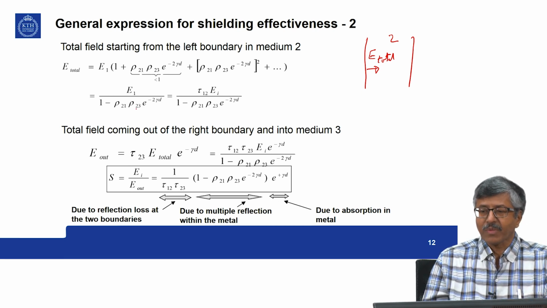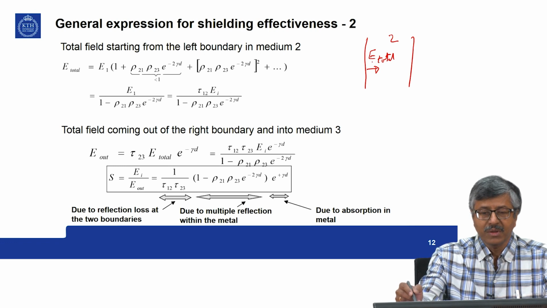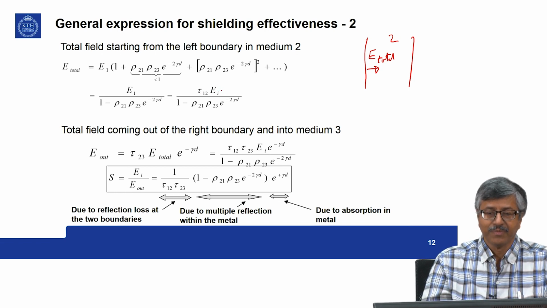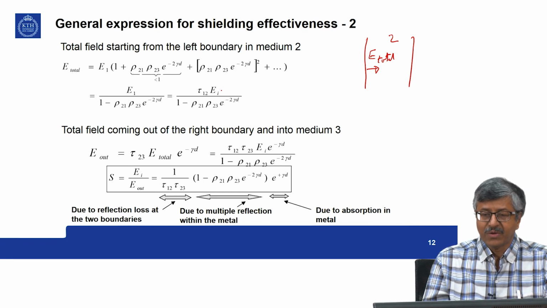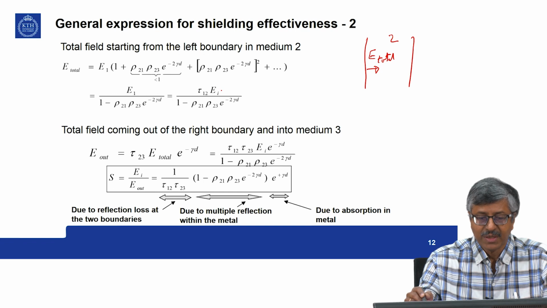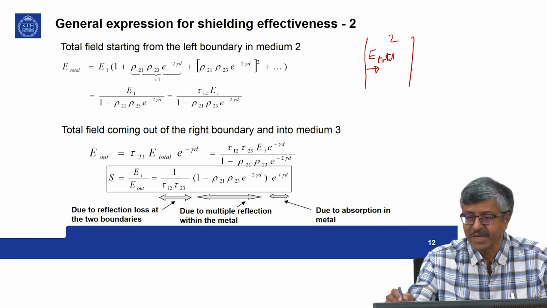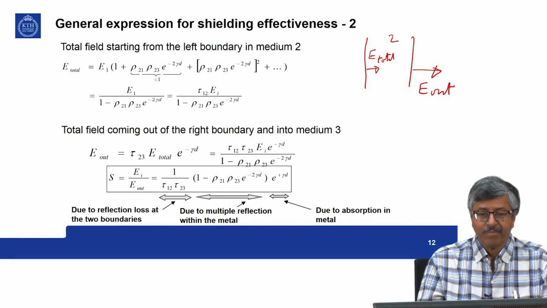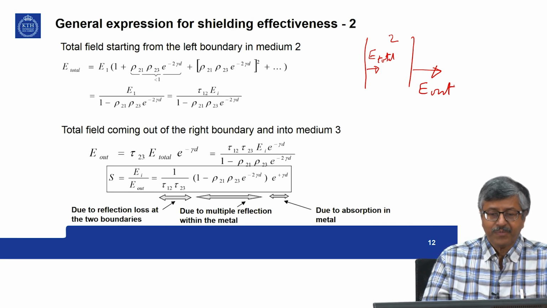Now, E1 we have seen before is nothing but tau 12 times E_I, the incident wave. So, that you write. Then the total field coming out of the right boundary into medium 3, E out, will be as follows.